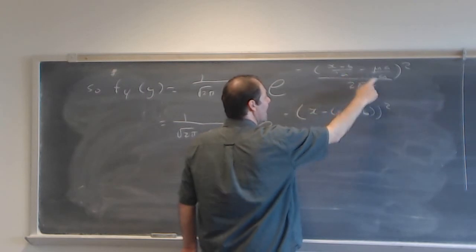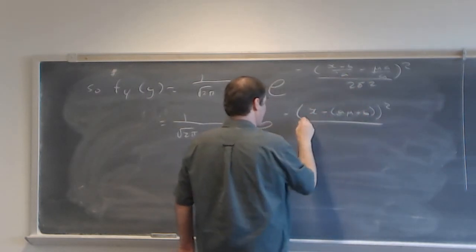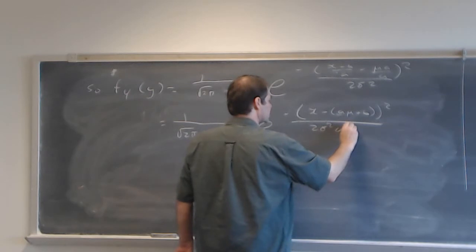The bottom will be 2 sigma squared A squared, since you have to square it.